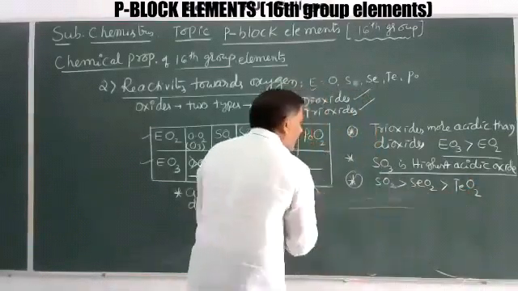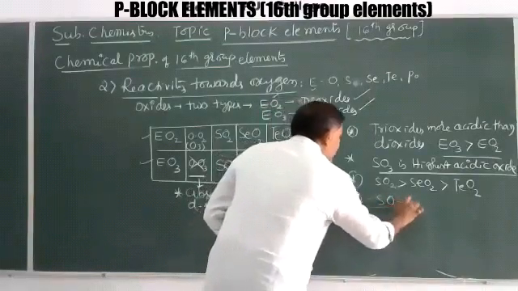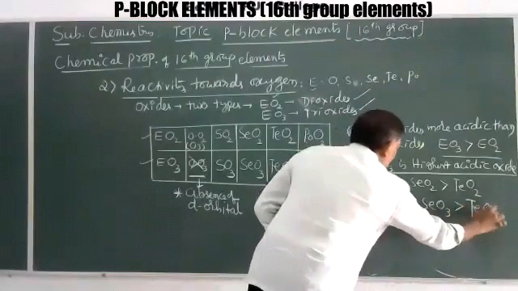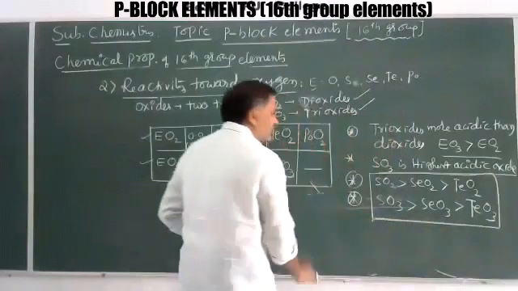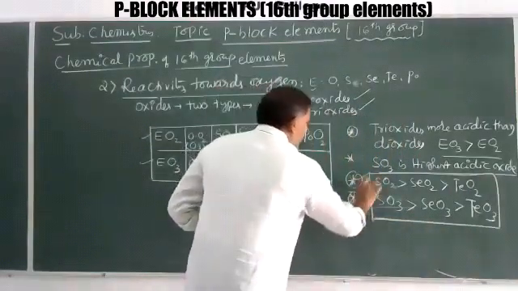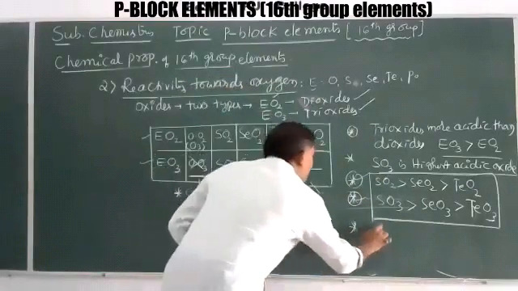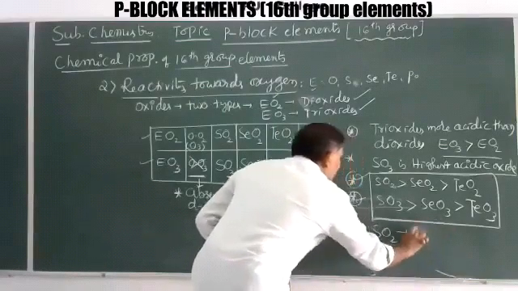Similarly, the acidic nature of trioxides is SO3 greater than SeO3 greater than TeO3. This is the order of acidic strength of dioxides and trioxides. Now the SO2 dioxide acts as a reducing agent.